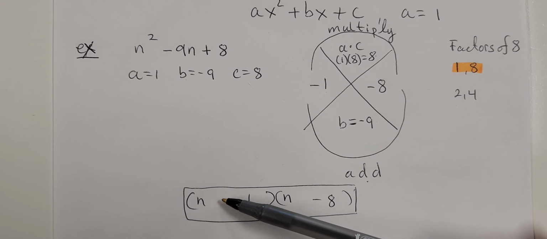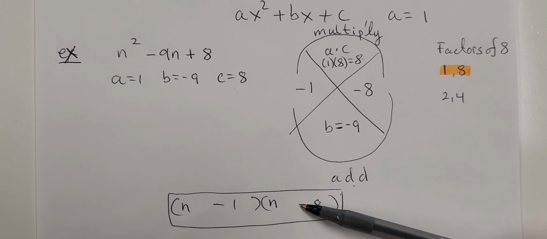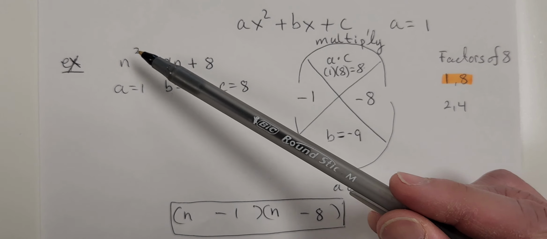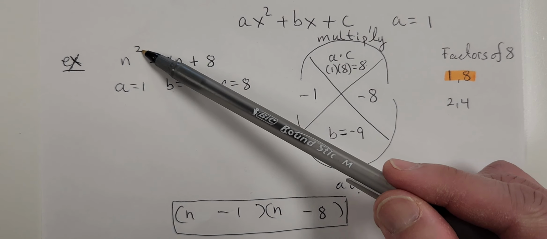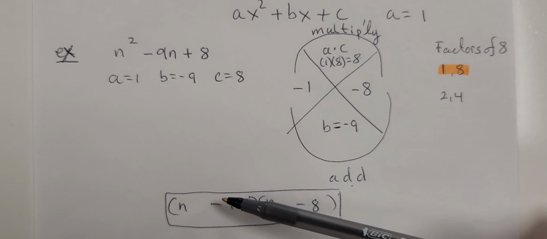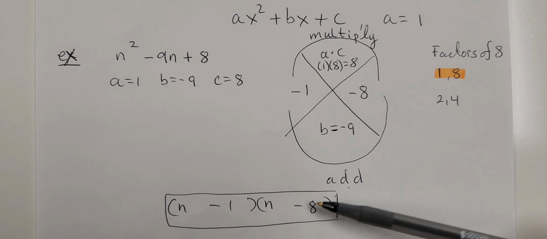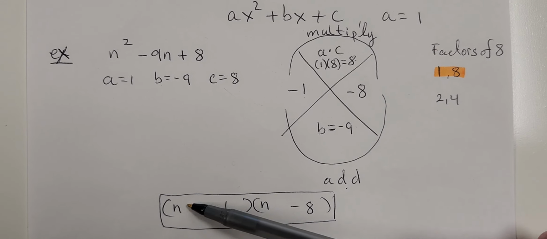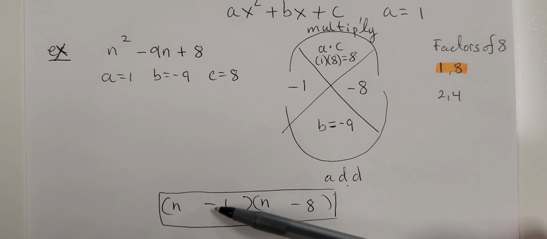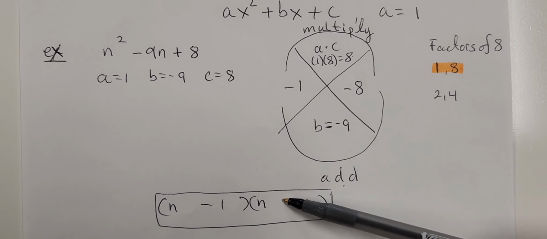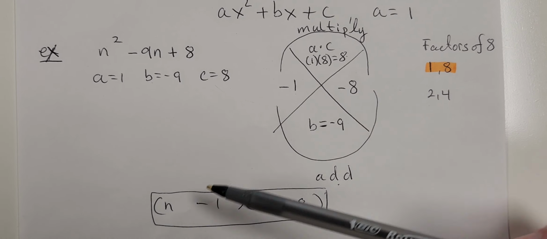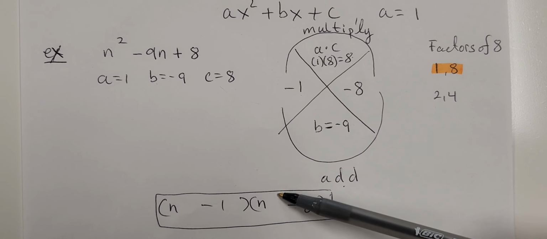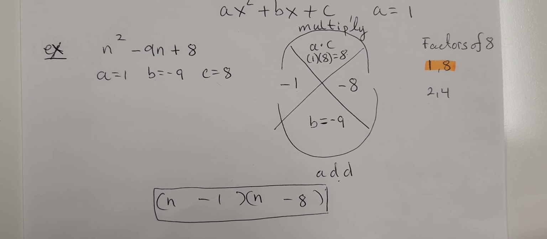Now write your answer in two sets of parentheses. The reason we have two sets of parentheses is that this is a square, so that means two. Here we have the letter n, so each set of parentheses gets a letter n. Then put the negative 1 in the first parentheses and negative 8 in the second.